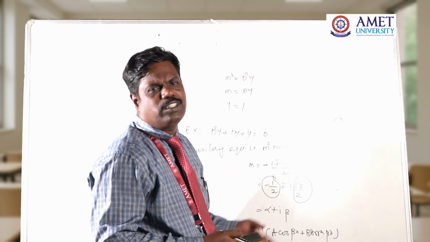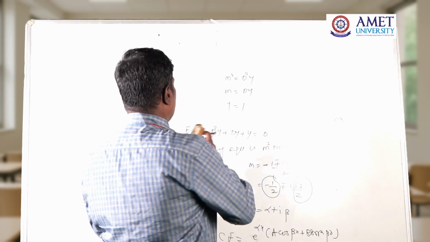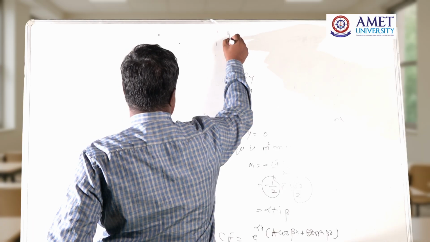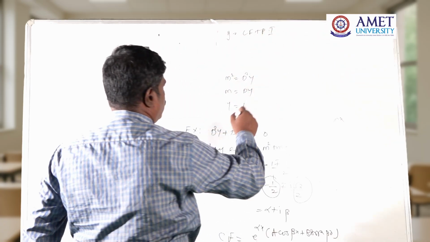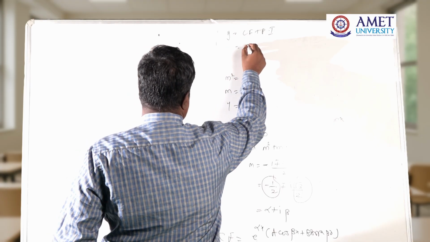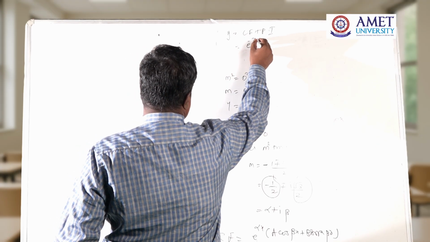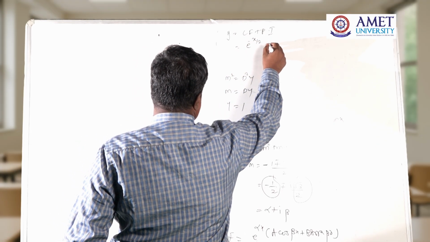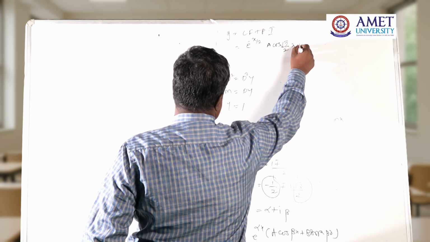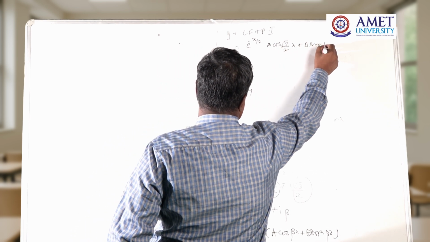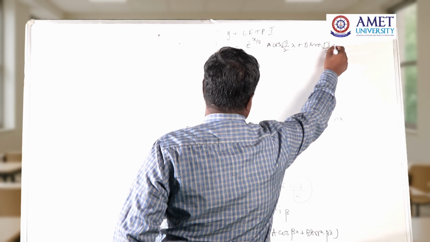The right hand side is not a function of x. So the solution will be y is equal to complementary function plus particular integral. In this case, e power minus x by 2 into A cos root 3 divided by 2 x plus B sin root 3 divided by 2 x.